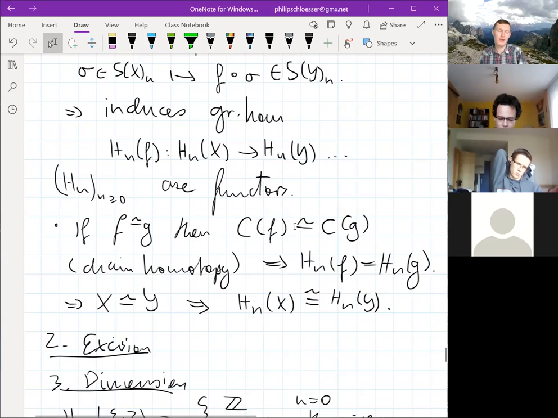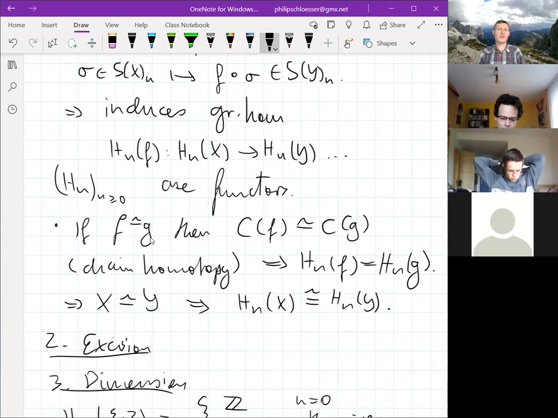No, so the thing is, we have two homotopic maps, F and G, and those induce maps on the singular complexes. Chain maps, and those chain maps are homotopic in the sense that we define chain maps to be homotopic in the lecture about homological algebra.